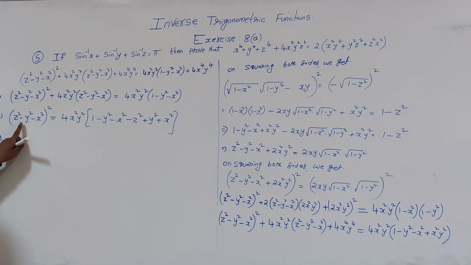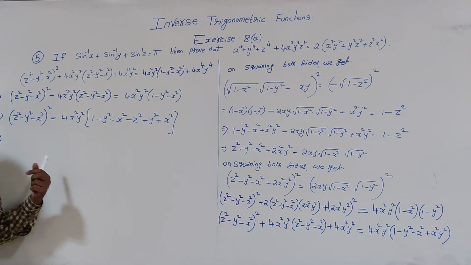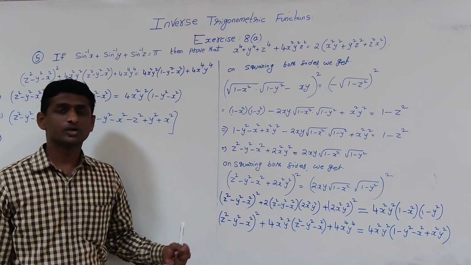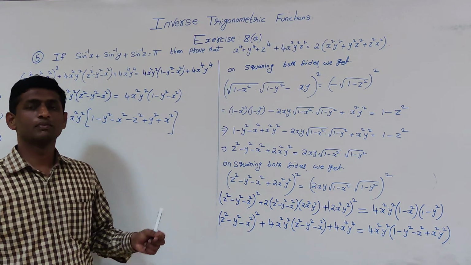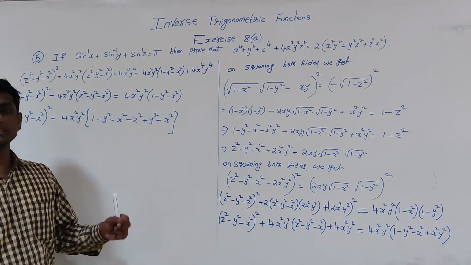And treat it as in the form of (a + b + c) whole square. What will be (a + b + c) whole square? a² + b² + c² + 2(ab + bc + ca).